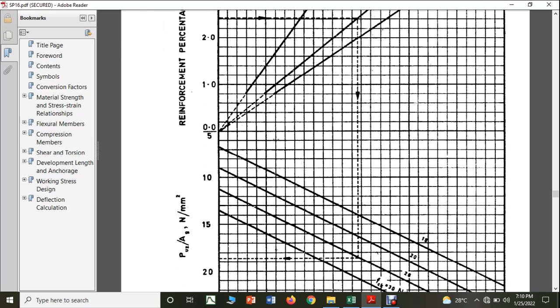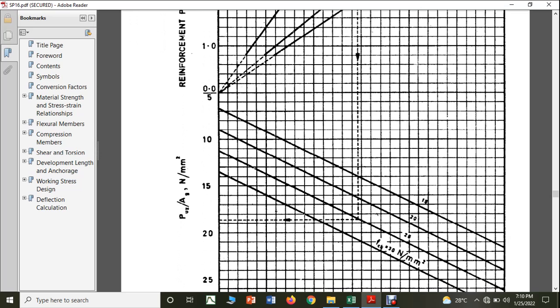So come down. When you come down, by taking fck, what is the value of fck we have used? The value of fck is 25, right? So this is 15, 20, 25, that is here. Yes, it is going to cut 25 somewhere here. This will be your corresponding value, between 14 and 16.